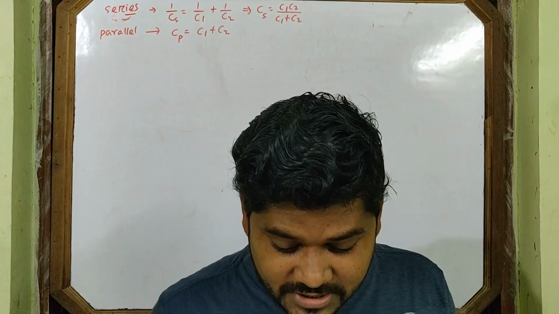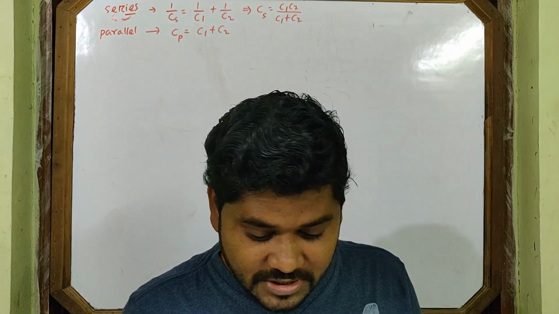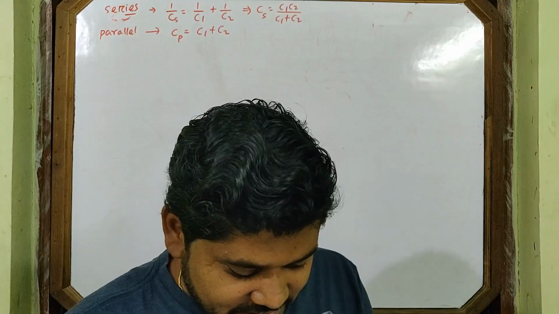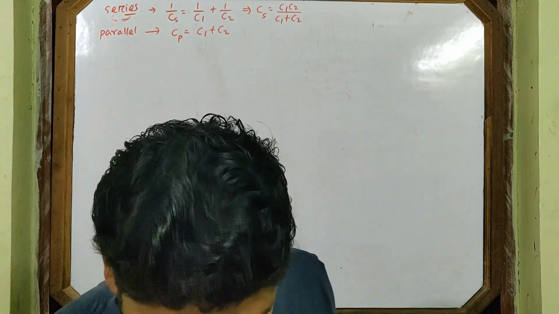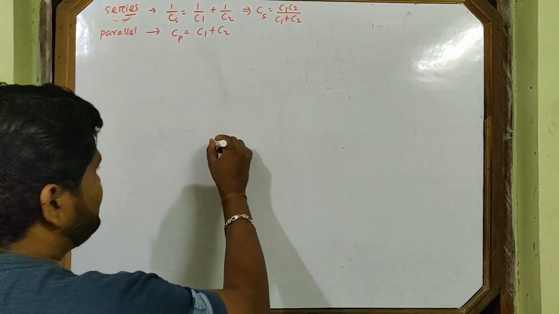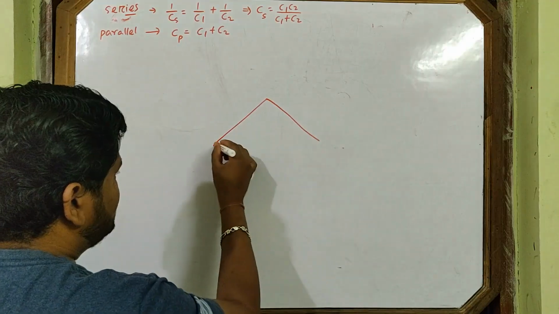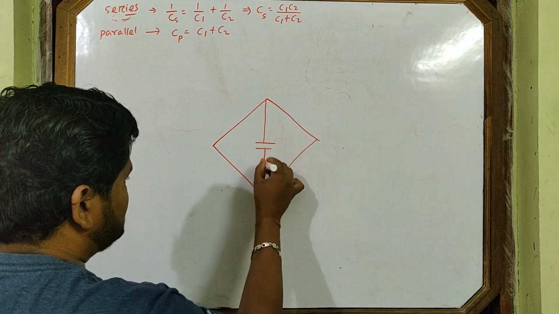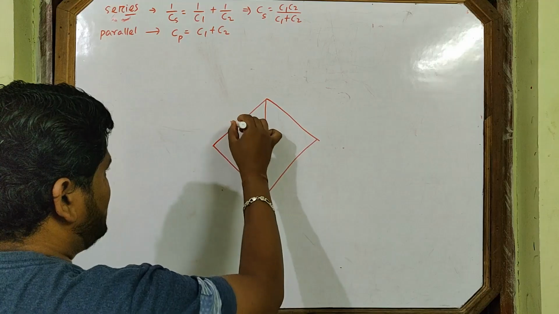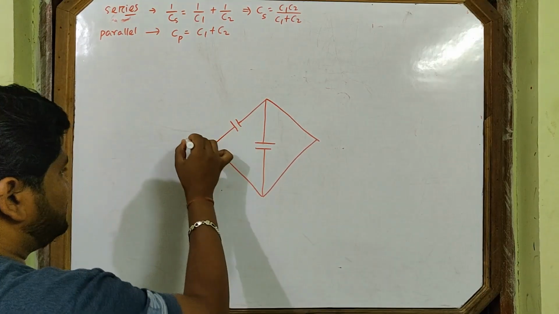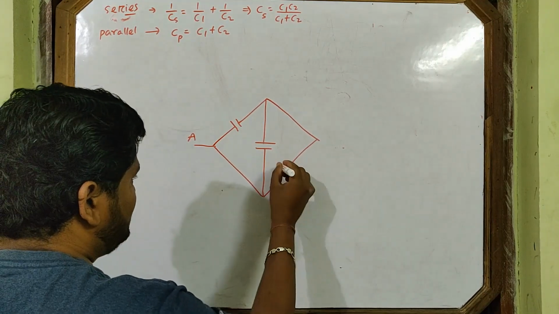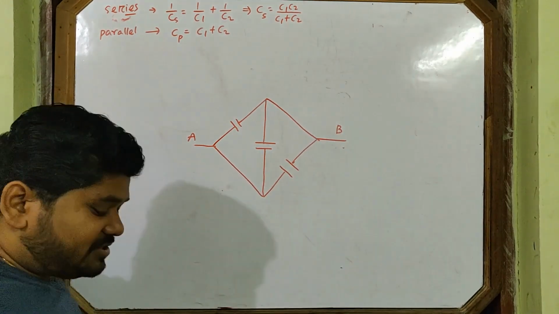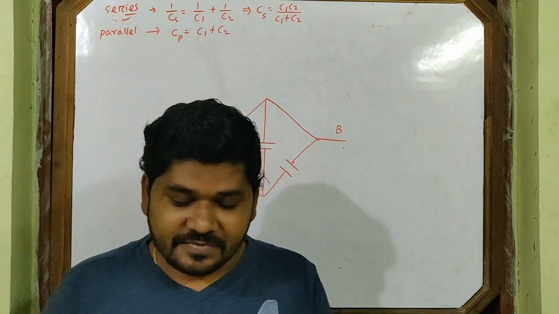Now we'll go to the next question. Suppose I am doing it now, all of you see the next one. Next one is like this. Make one triangle, so make a figure like this. One capacitor here, one capacitor here, point is A, one capacitor here. Which connection is this one?